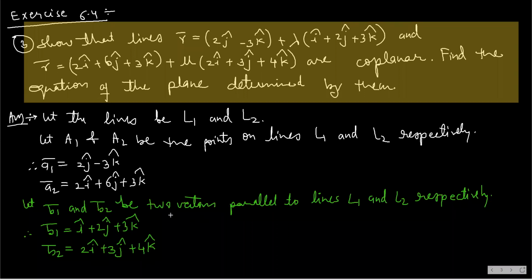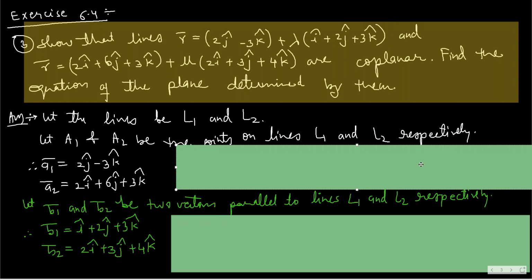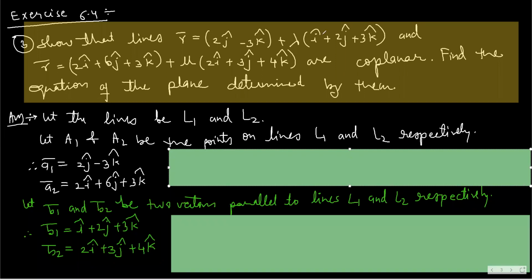So here I write, the two lines are coplanar if the box product of A1A2 bar, B1 bar, B2 bar is equal to 0.